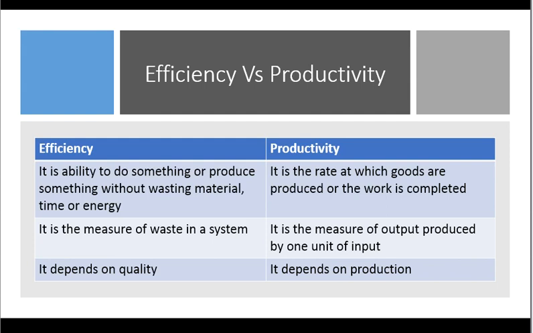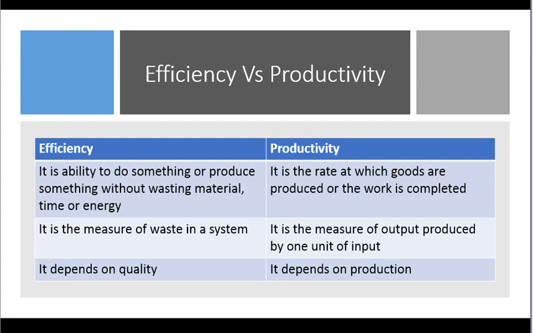So efficiency deals with quality, like you produce 10 products and 3 are defective, then your efficiency is 0.7, meaning 7 by 10. That is the procedure to find the efficiency.